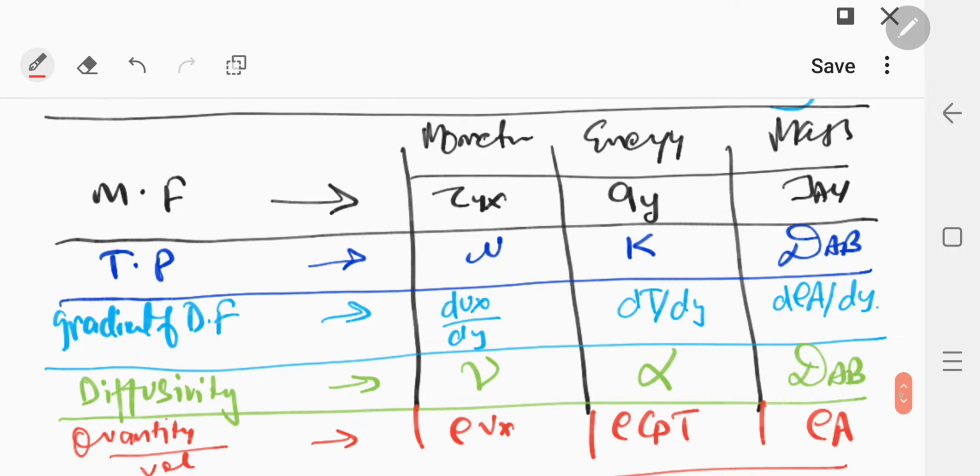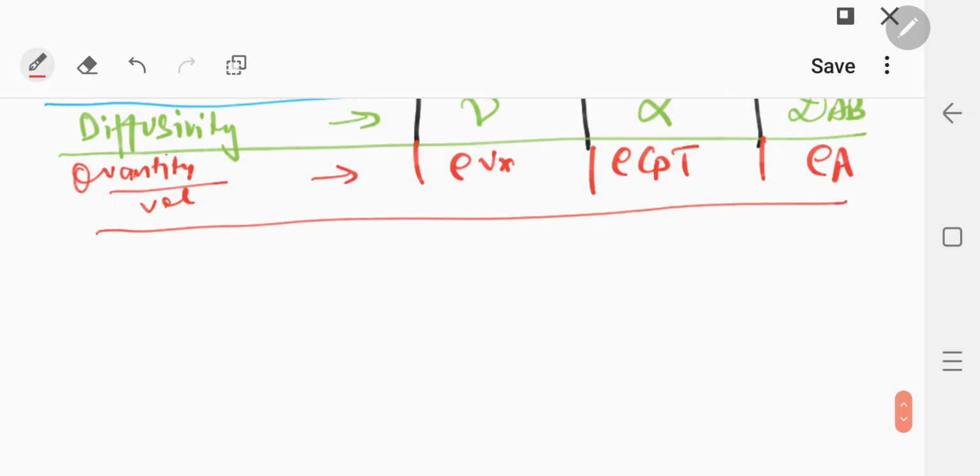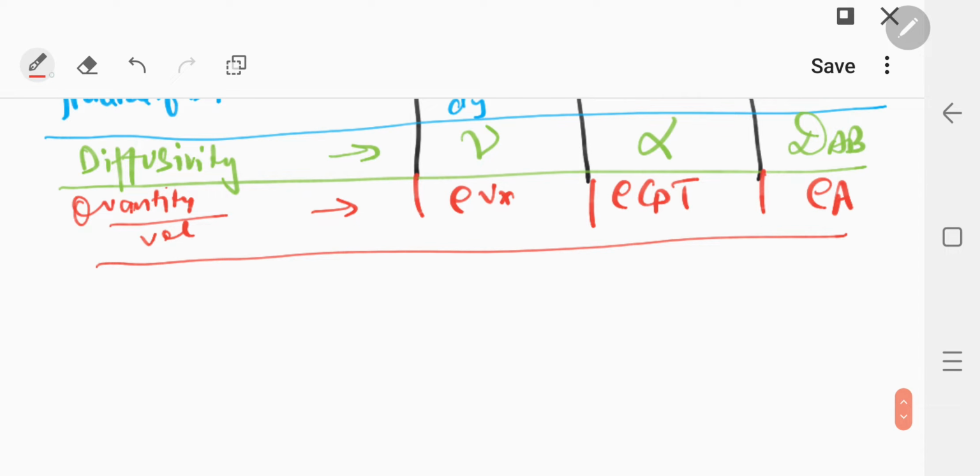Now, if we take the ratio of these diffusivities, we have a dimensionless number, because all these diffusivities have similar units. So we're going to come across certain dimensionless numbers.